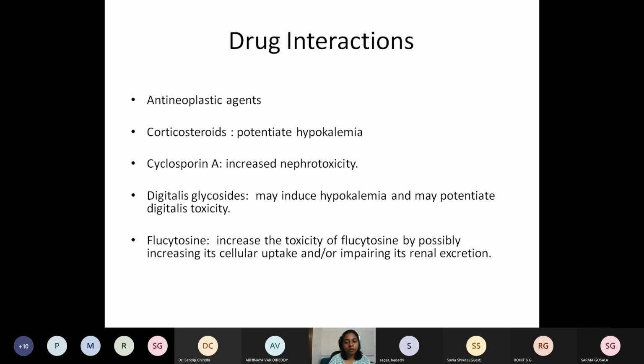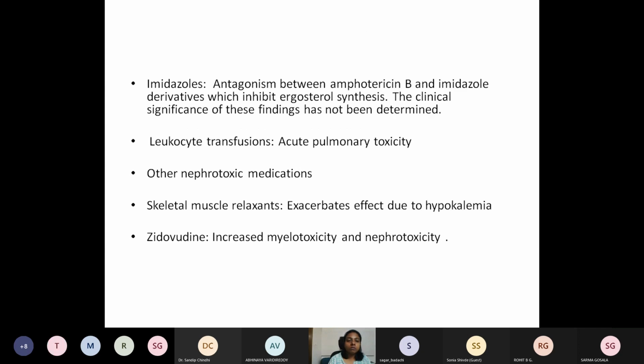Digitalis toxicity may be potentiated by hypokalemia. Flucytosine is important because we give amphotericin in combination with flucytosine. It can exacerbate the toxicity of flucytosine by increasing its uptake or impairing its excretion. The other point is imidazoles such as fluconazole.